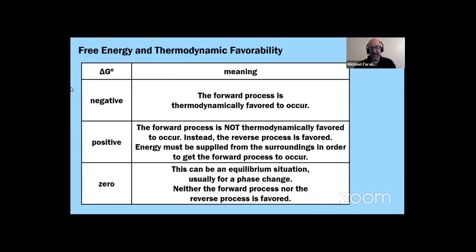Otherwise, if K, the equilibrium constant, is large, you're favoring the products. And if K is very, very small, you're favoring the reactants. And we'll talk about the relationship between free energy and the equilibrium constant a little bit later in this lesson.